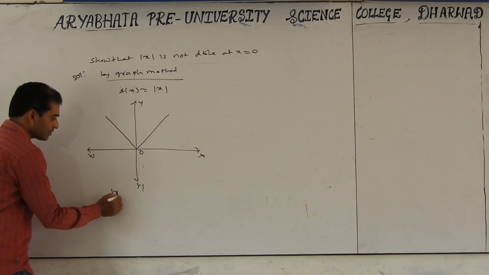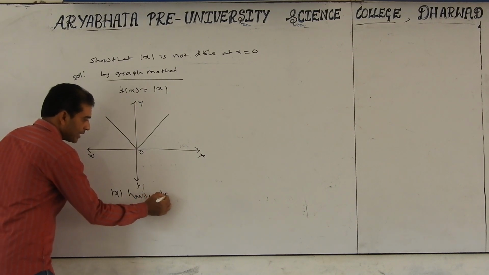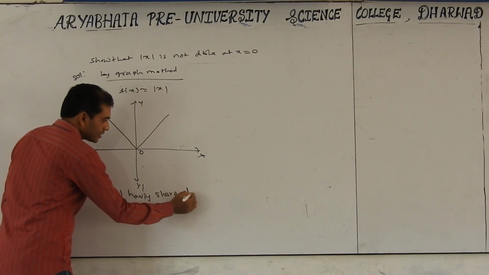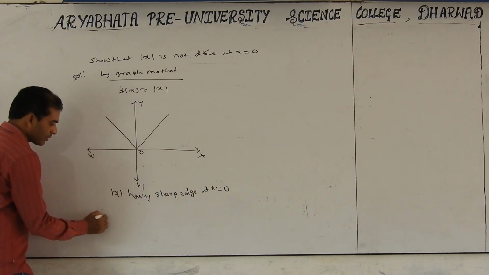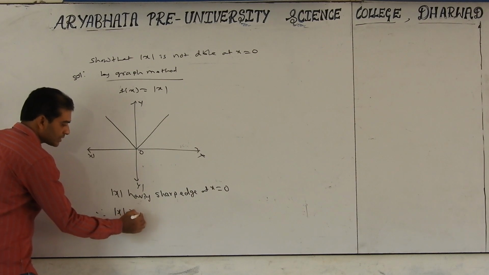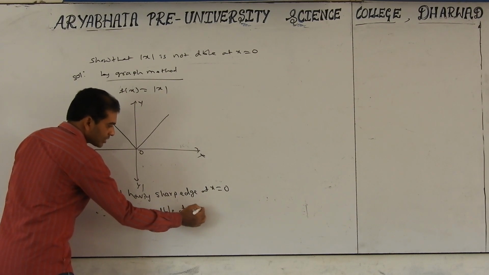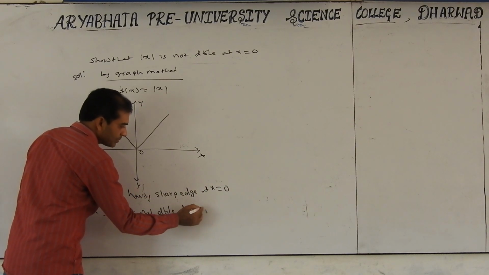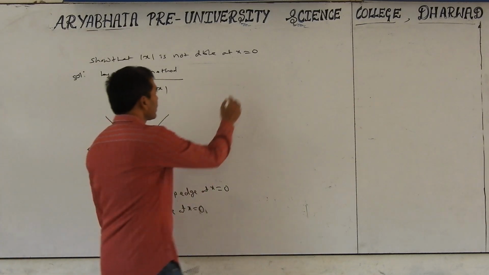Therefore mod x has a sharp edge at x equal to 0, so mod x is not differentiable at x equal to 0.